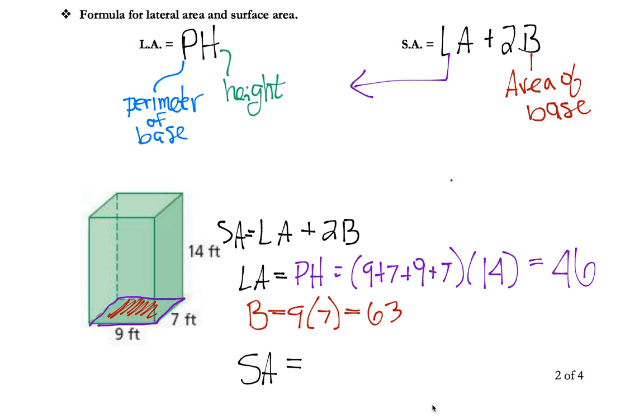So surface area is 448 plus 2 times 63. And the reason we're doing 2 of them is because 448 represents all of the walls. 63 represents the bottom.